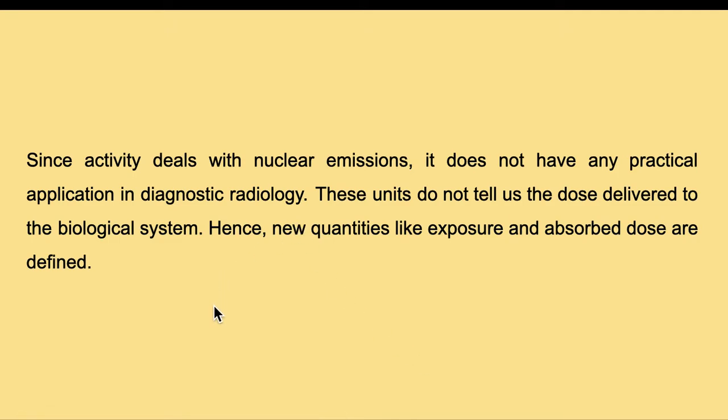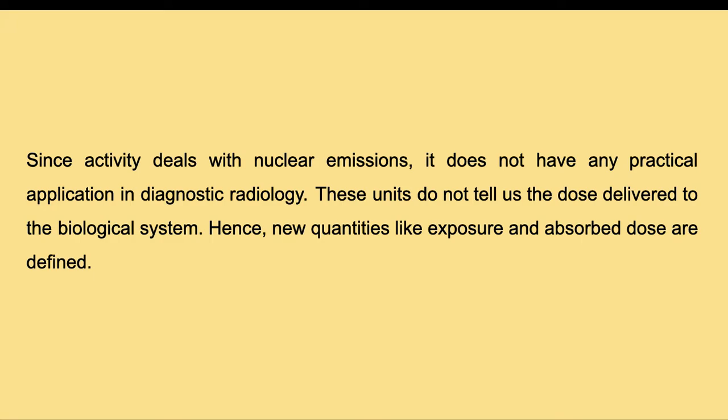And since activity deals with the nuclear emissions, it does not have any practical application in diagnostic radiology. These units do not tell us the dose delivered to the biological system. Hence, new quantities like exposure and absorbed dose are defined.